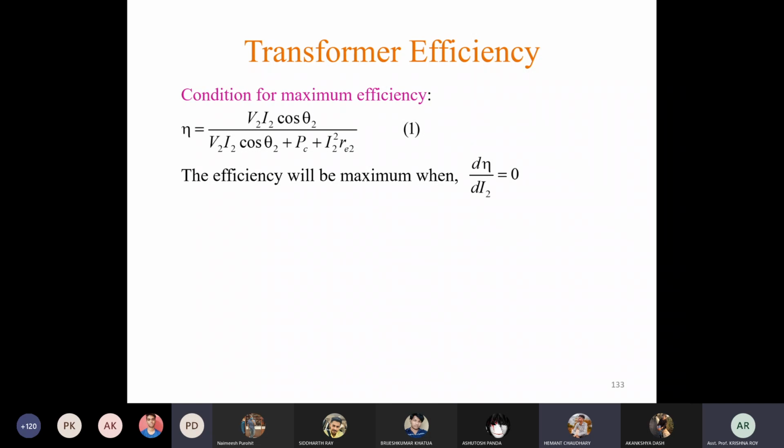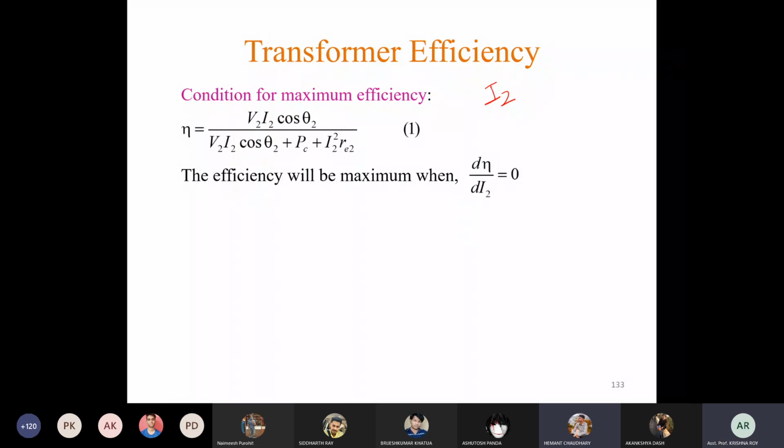Here V2, the load terminal voltage, power factor, and the core loss are constant.